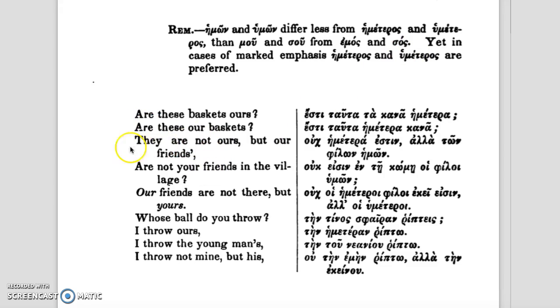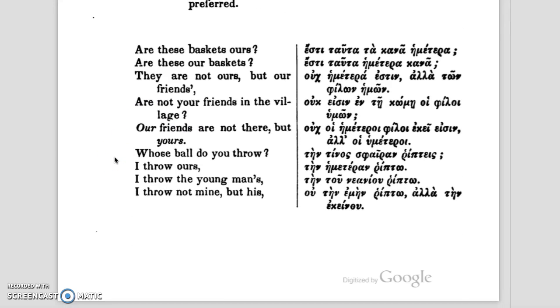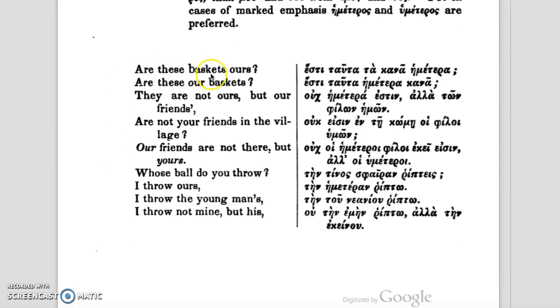All right, let's read through these next examples using what we just learned. Are these baskets ours? Esti tafta takana emetera? Okay, now notice how they did this here. This is like is there or there is these. A plural subject with a singular verb because tafta is neuter.